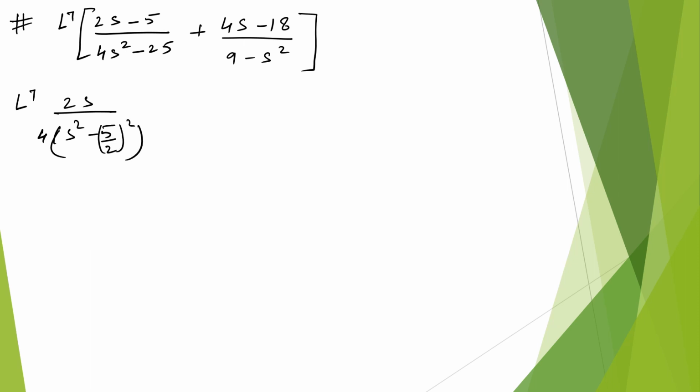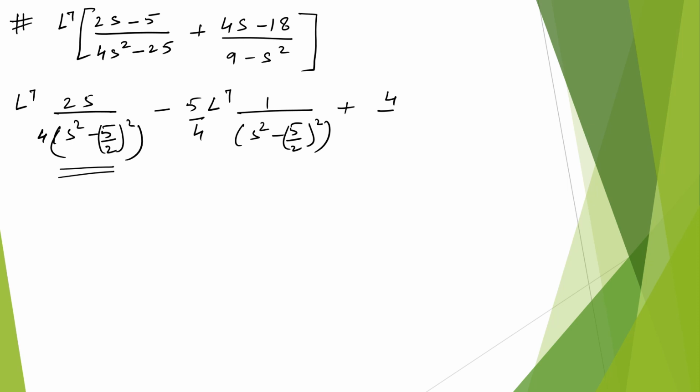Remember, when the s is separate, we are trying to convert this part into a cos term. Minus 5 Laplace inverse, 1 over 4 is common, s square minus (5 by 2) whole square, plus 4 over minus 1. 4 over minus 1 is common, Laplace inverse of s upon s square minus 9.